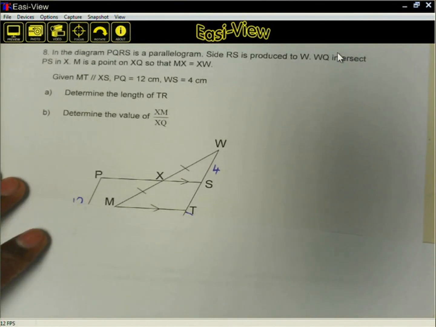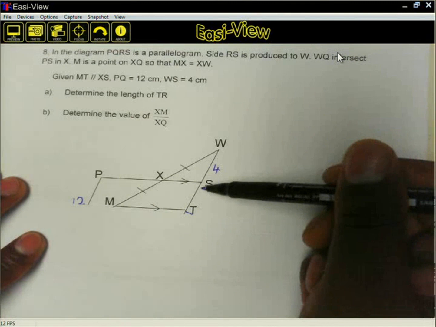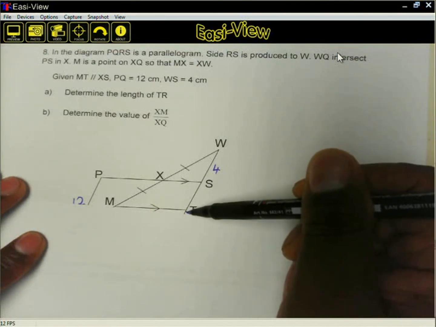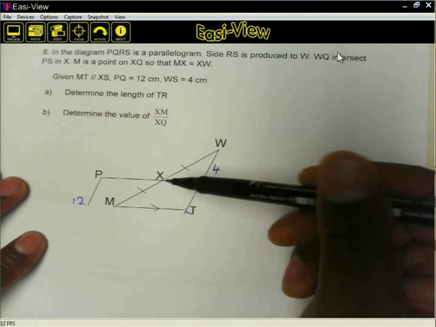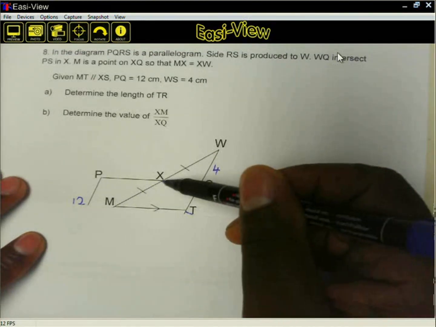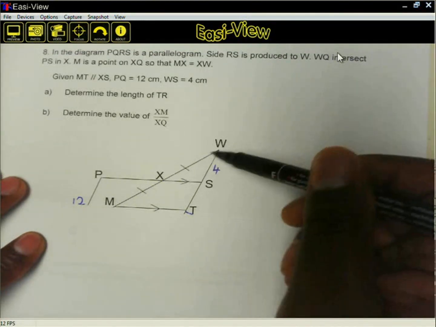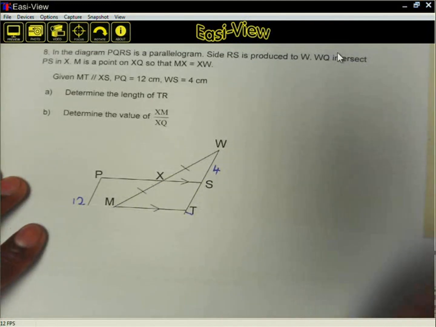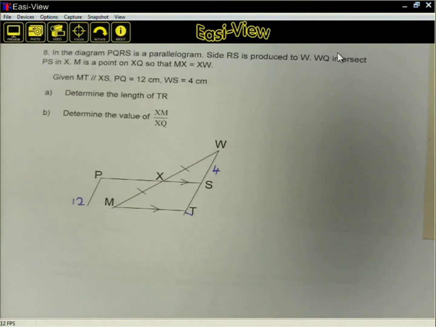From this point, you've got WS over ST is equal to WX over XM. And it is given that XW is equal to MX. Then you think of the midpoint theorem from grade 10.